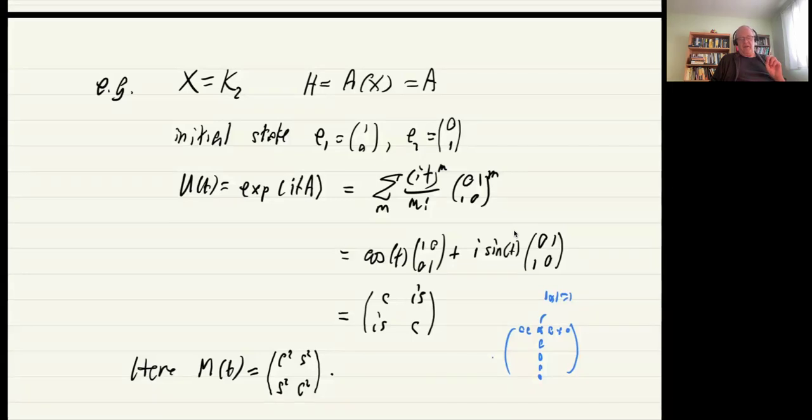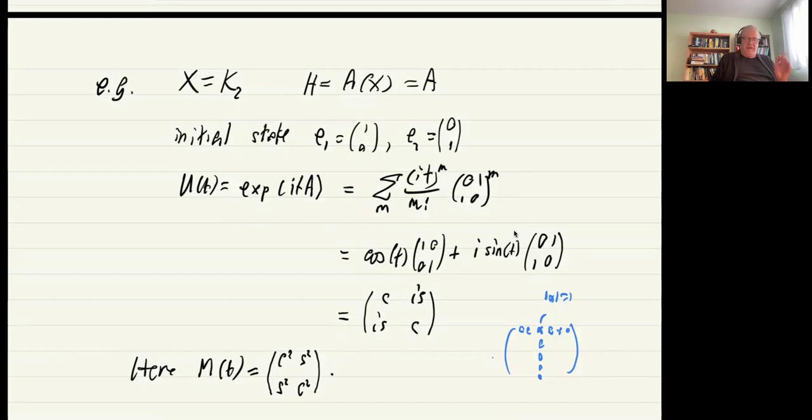In any case, two of the obvious interesting cases are when the entries of a column of M of t are all equal to 1 over the number of vertices, which means that the corresponding column of U has entries that all have the same absolute value. We'll say a complex matrix is flat if all its entries have the same absolute value. We'll come back to that later on.